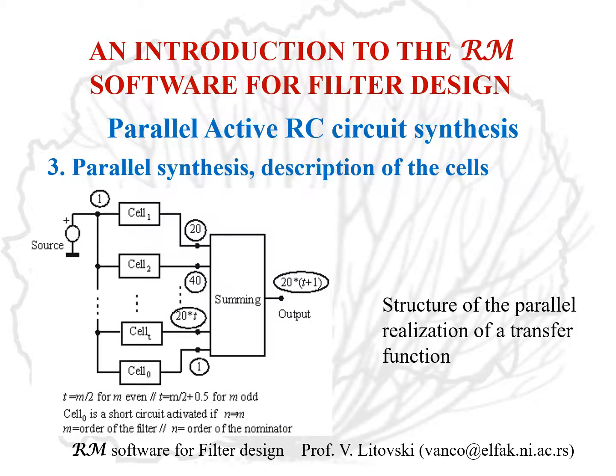The overall structure of the parallel realization is depicted here, and one can see that there are cells enumerated from 1 to T. T is here shown to have a value half of M plus 0.5.